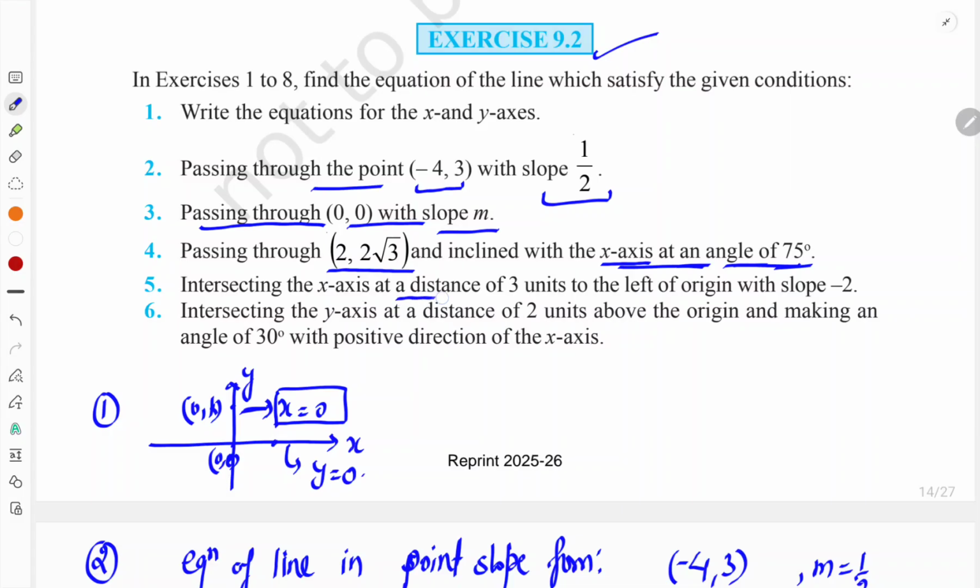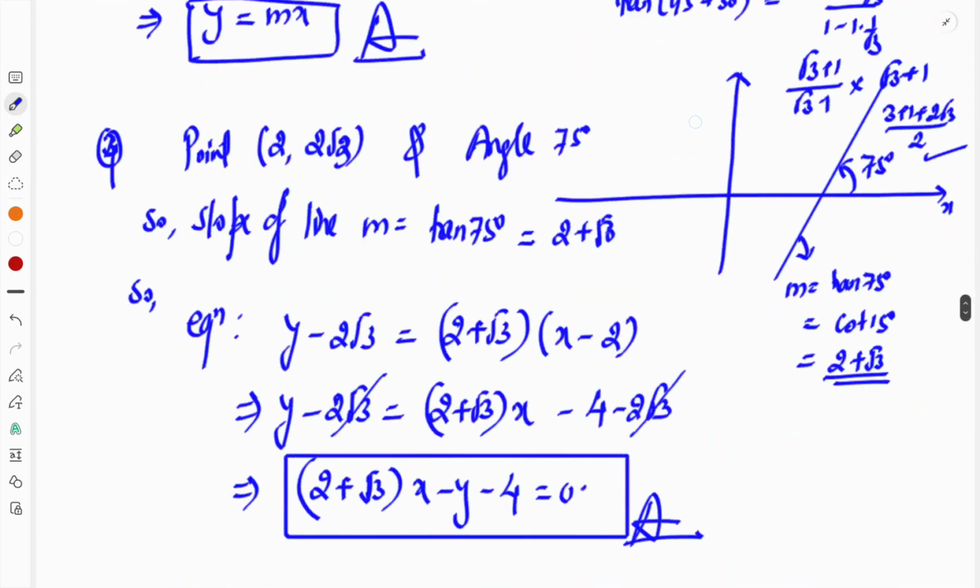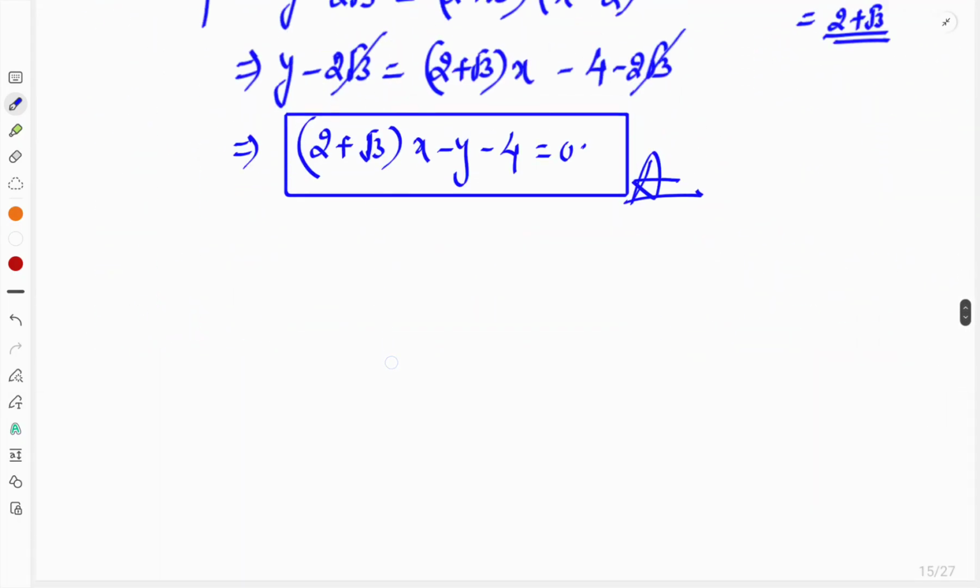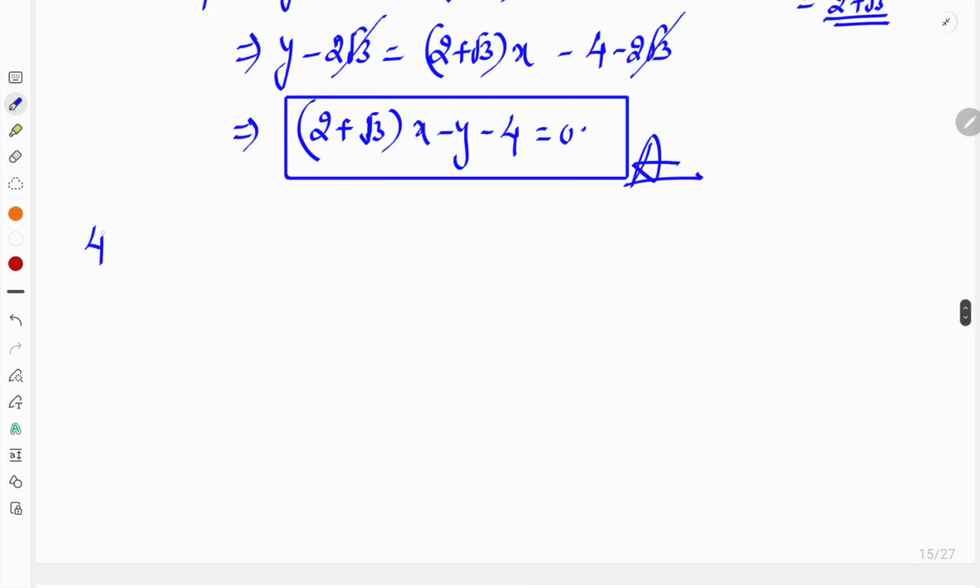The problem is saying: intersecting the x-axis at a distance of 3 units to the left of the origin with the slope minus 2. So, intersecting the x-axis at the left of the origin at 3 units distance. So meaning what, dear student? If you see the fifth problem, the question is saying this is the x-axis, it is the origin.